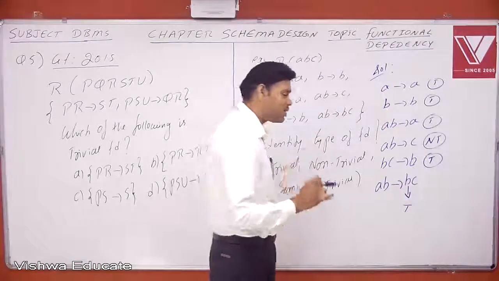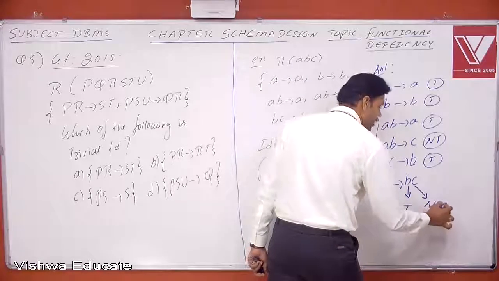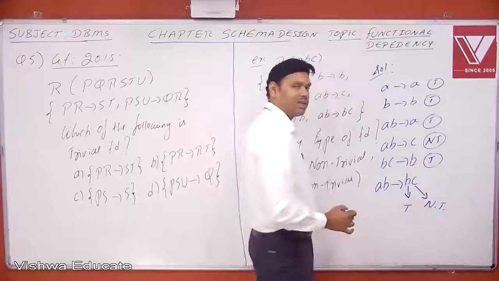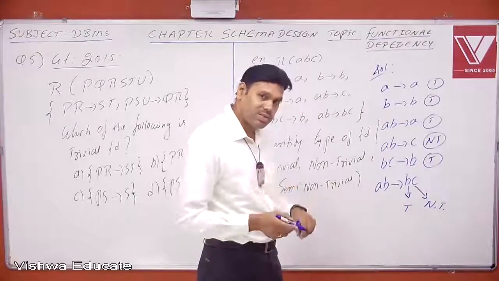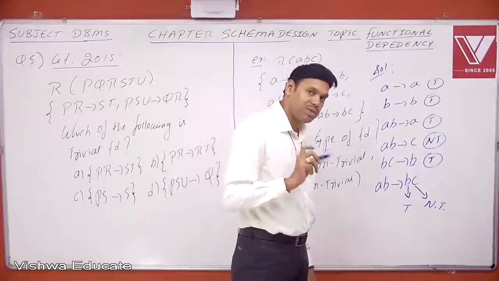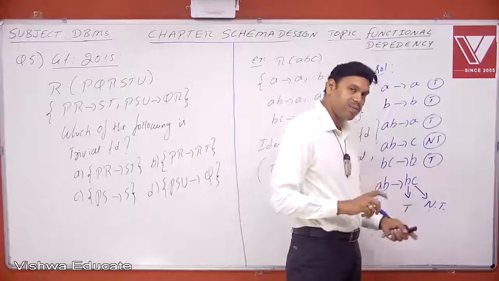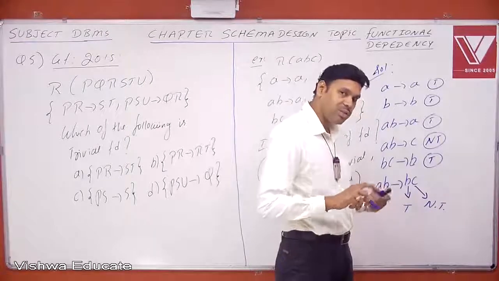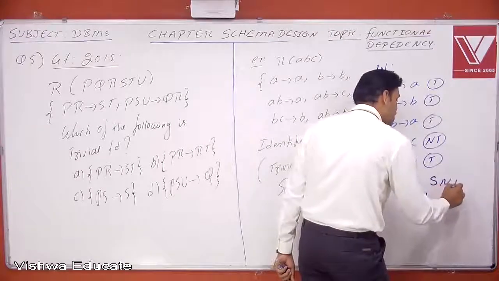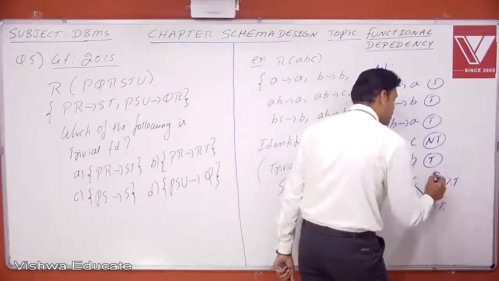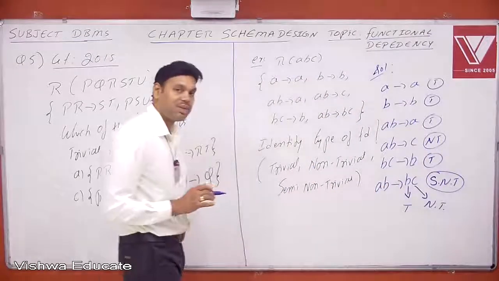C is not part of LHS, so it is non-trivial. Which means the right hand side consists of two combinations, trivial and non-trivial. Whenever you find this combination, it is known as semi-non-trivial functional dependency. It's very easy to identify.